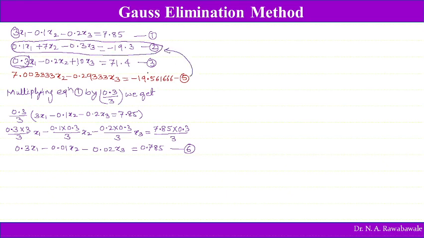Now we want to replace equation 3. So therefore, subtracting equation 6 from equation 3, we get, the equation 3 we write first, that is 0.3x1 minus 0.2x2 plus 10x3, which is equal to 71.4.